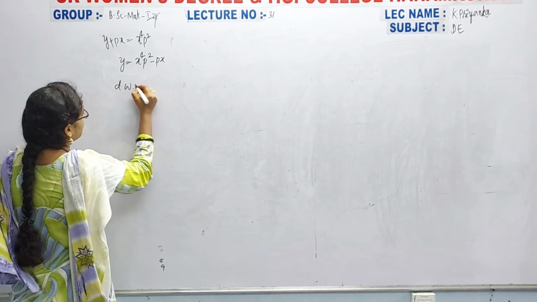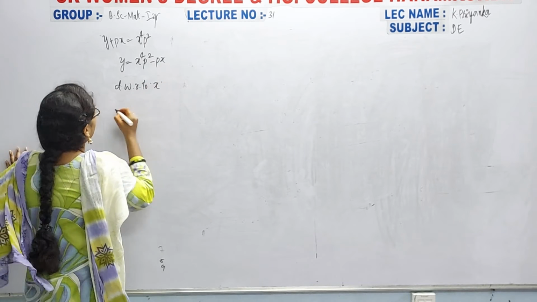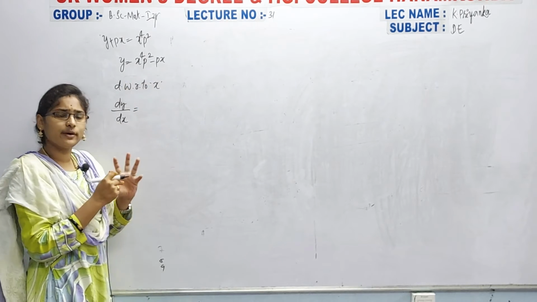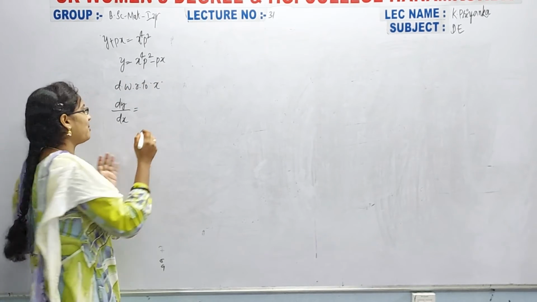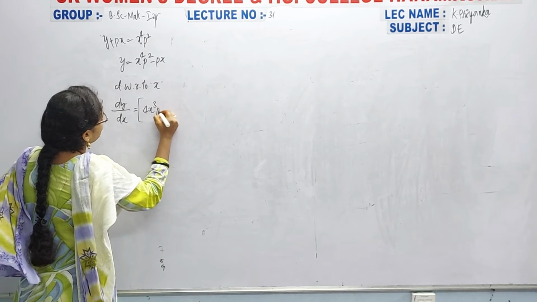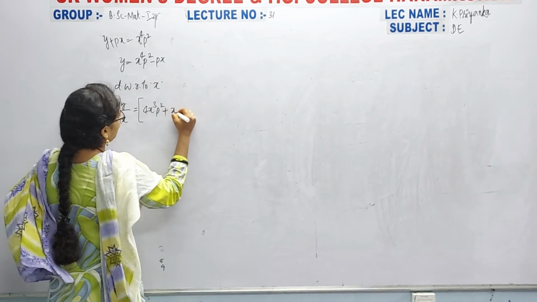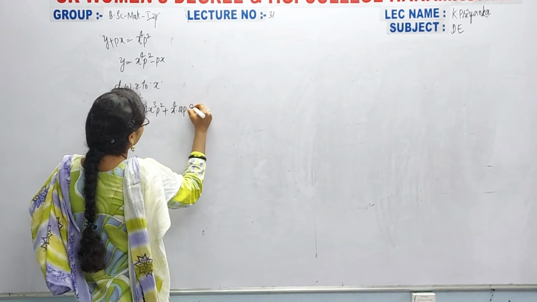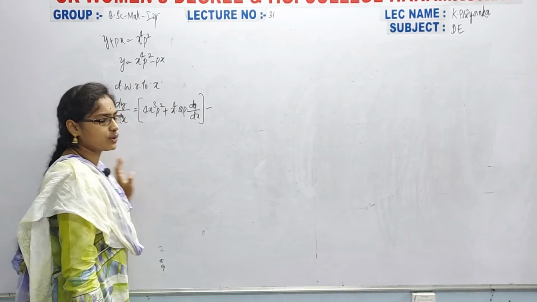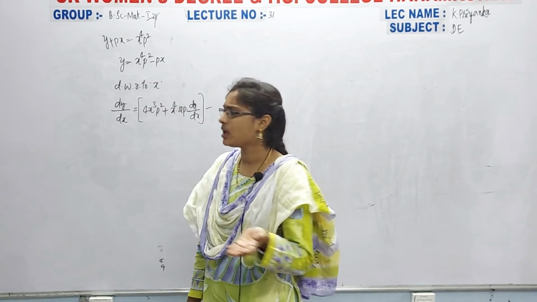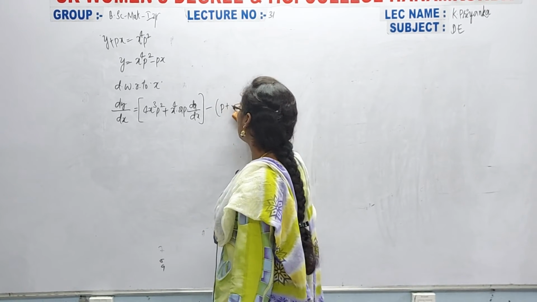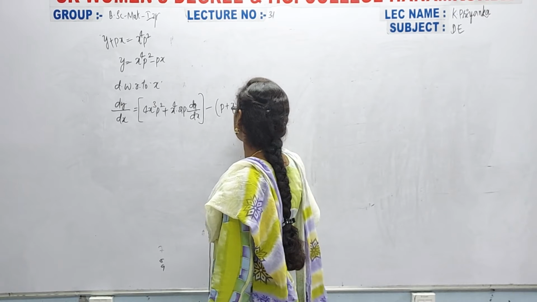Now differentiate with respect to x. Then dy by dx equals, with respect to x we have to use the u into v formula, 4x cube p square plus x power 4 into 2p into dp by dx, minus, here also we have xp, so again the same thing: p plus x into dp by dx.